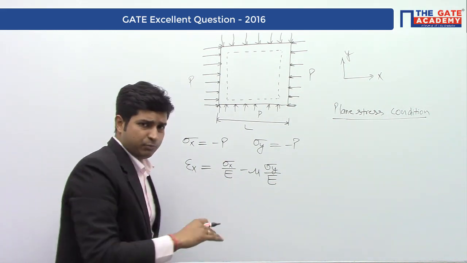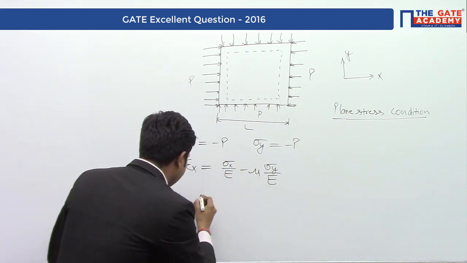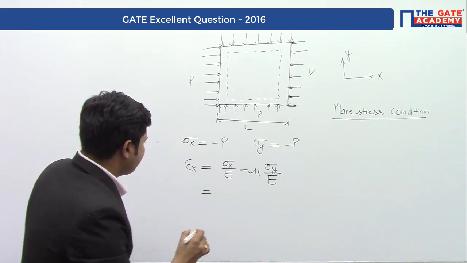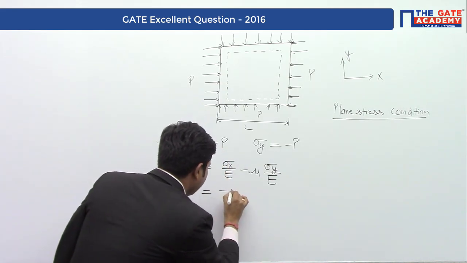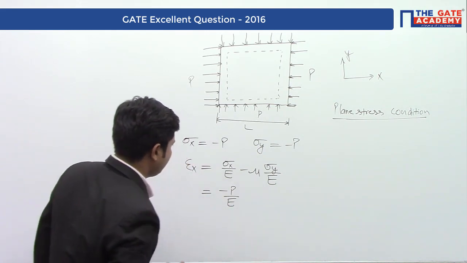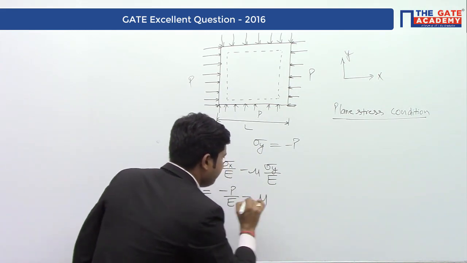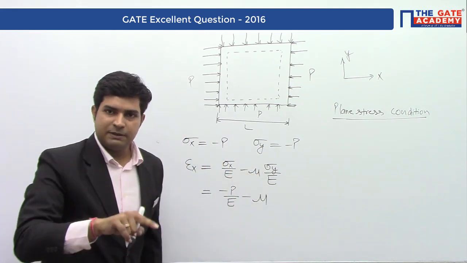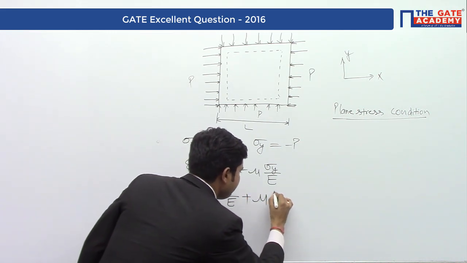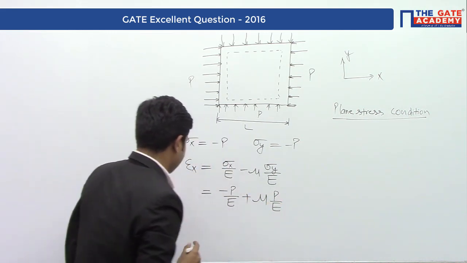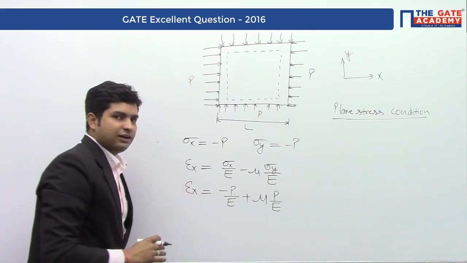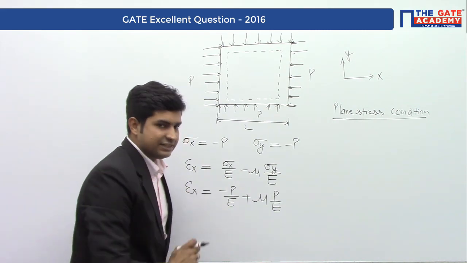Now let's put the values of sigma X and sigma Y here. Sigma X is minus P, so minus P by E, minus mu sigma Y, that is also minus P by E, so I can say plus mu P by E. So this is the strain in X direction.